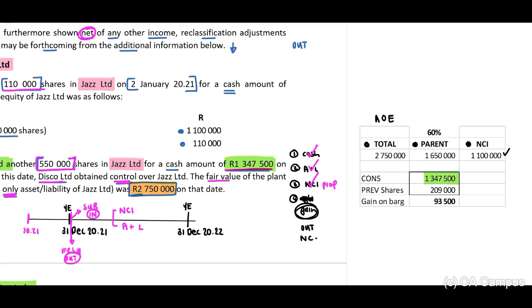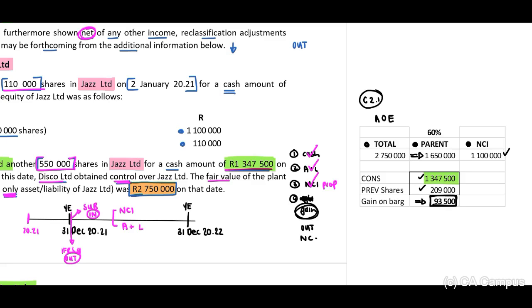I know the value of my previous shares, 209,000. If I allocate 60% of the net assets to the parent, which is 1,650,000, minus the consideration and the fair value of the previous shares, I have a gain on bargain purchase of 93,500. Now, let's call this my calculation 2.1.